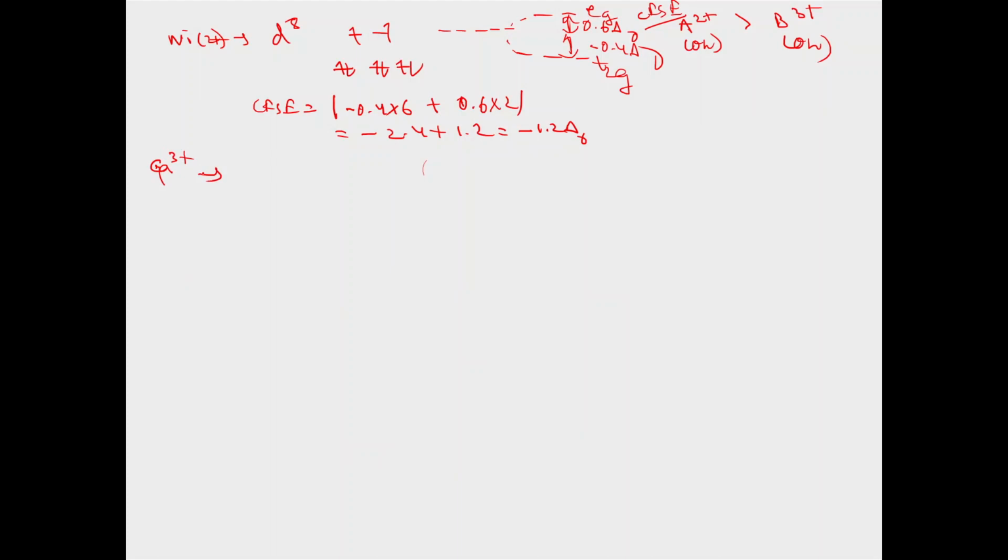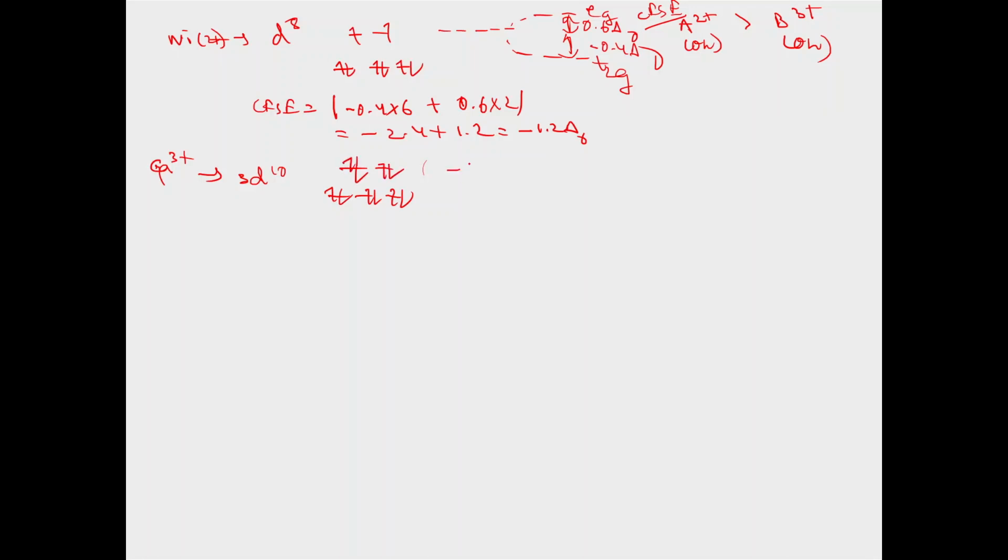So gallium's electronic configuration is 3d10 4s2 4p1. Okay, so 3 plus means it is a d10 system. So for this one, the CFSE will be, 2, 3, 4, it is completely filled, right?